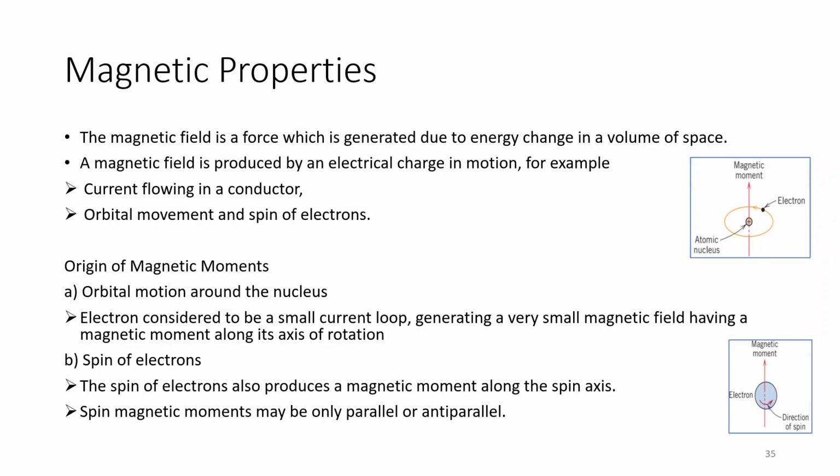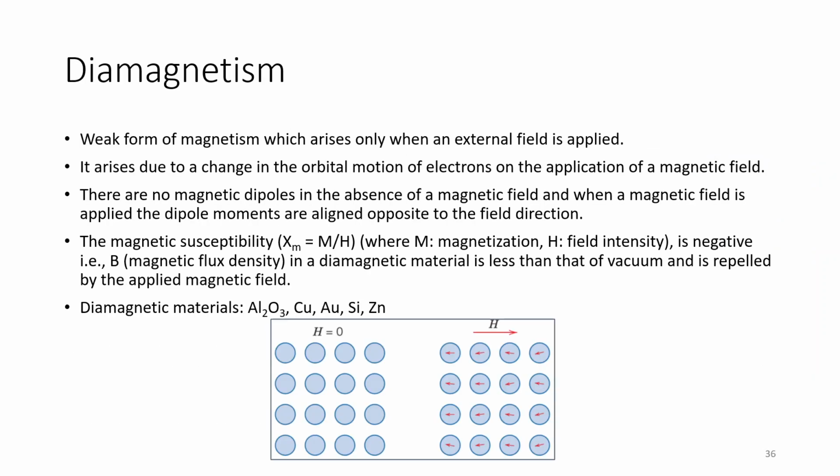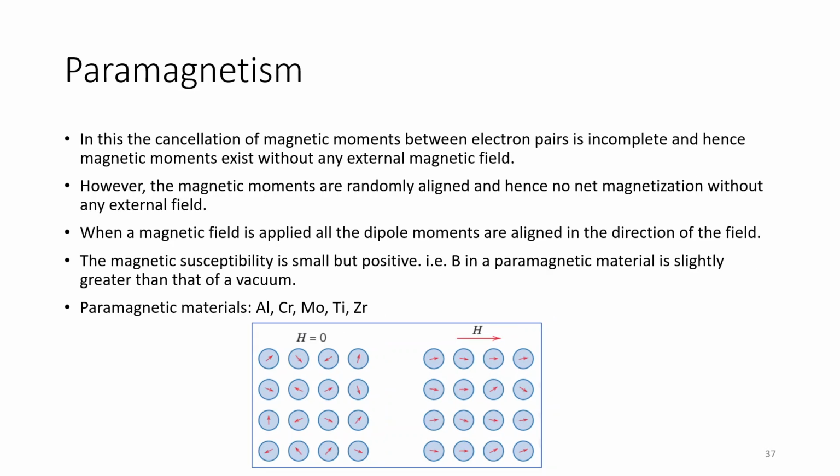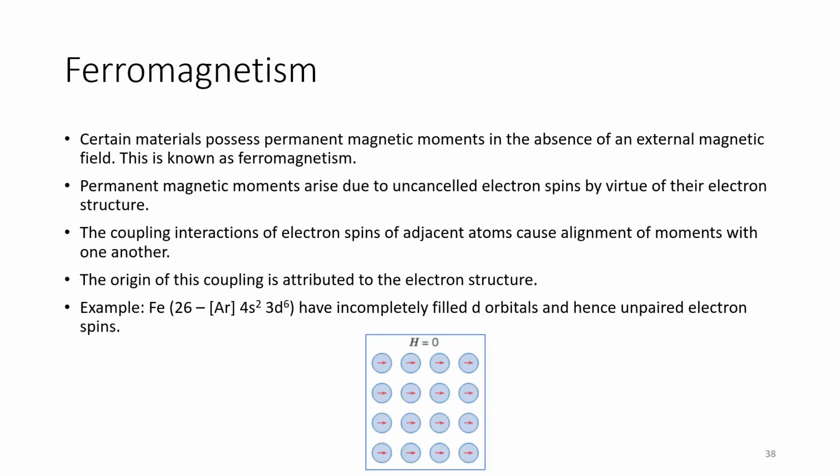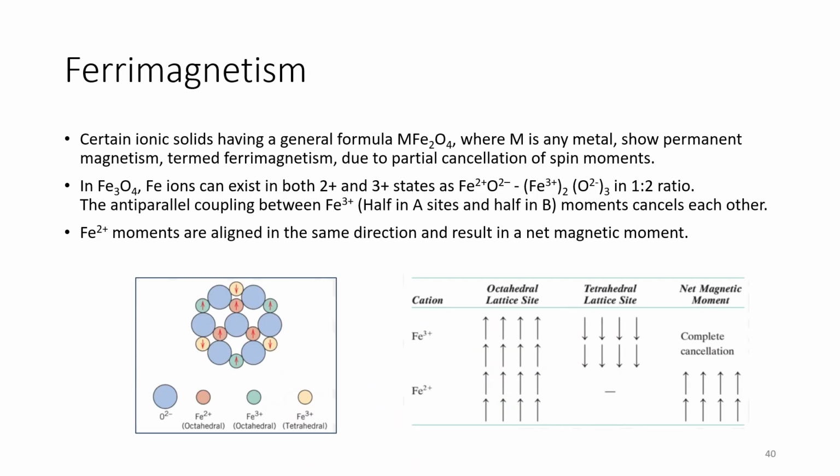The spin of electrons also produces a magnetic moment along the spin axis. Spin magnetic moments may be only parallel or antiparallel. The types of materials are diamagnetism, paramagnetism, ferromagnetism, antiferromagnetism and ferrimagnetism.